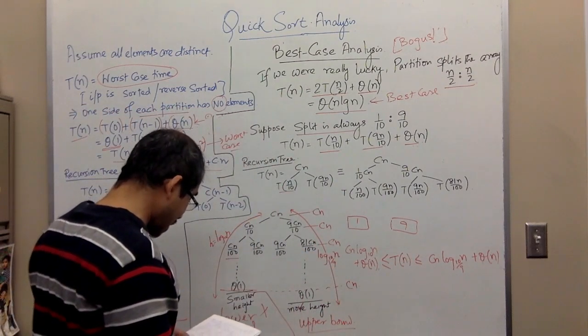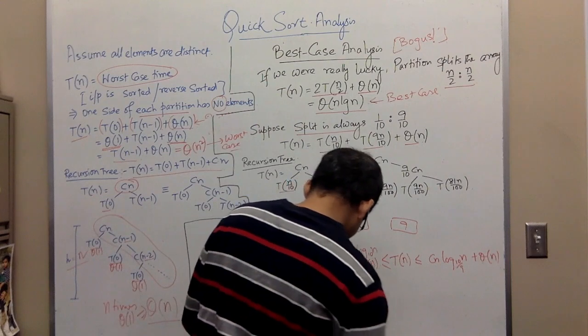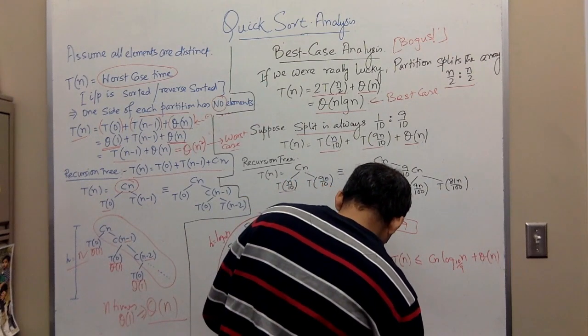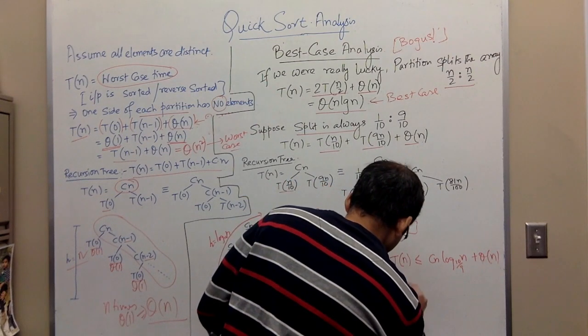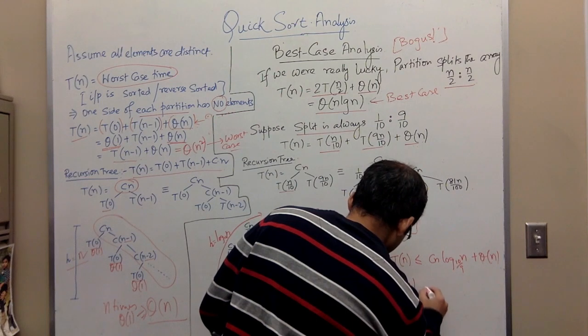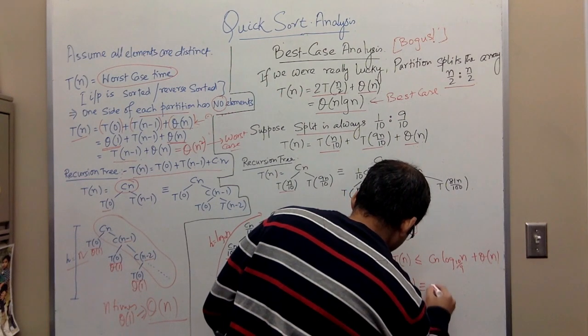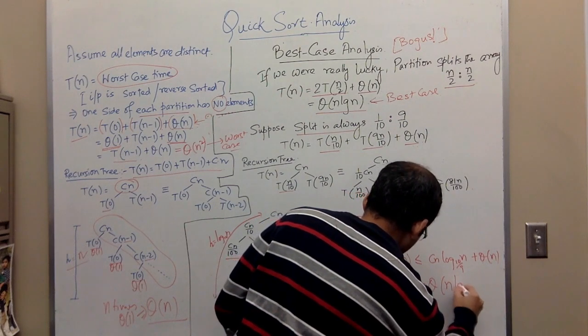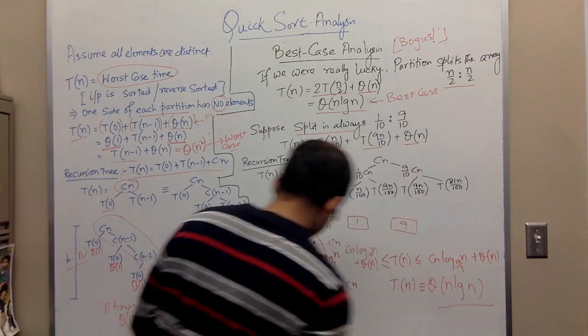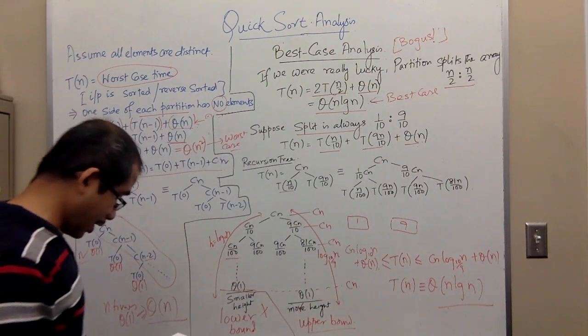So Tn in summary is theta of n log n. Okay, Tn is equal to theta of n log n, we can say, in the high level analysis.